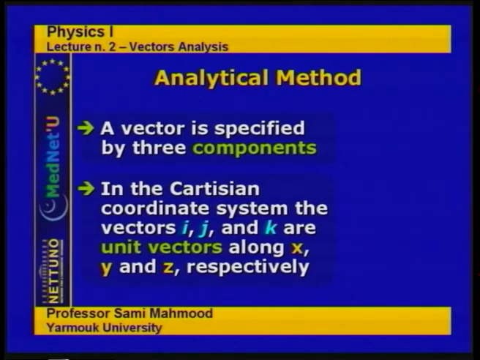And we choose the unit vector i to define the unit in the direction of x, j to define the unit vector in the direction of y, and k to define the unit vector in the direction of z.